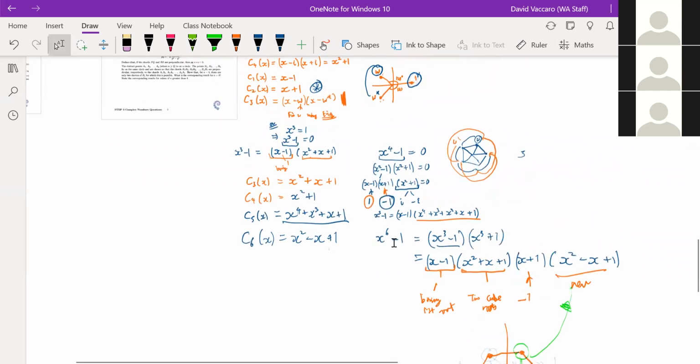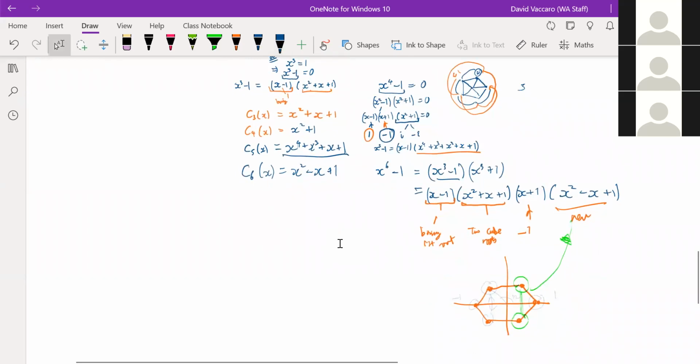Okay, and you should see that every time we do a factorization like this, we get x to the 6 minus 1 is C1 of x, C2 of x, C3 of x, and C6 of x.